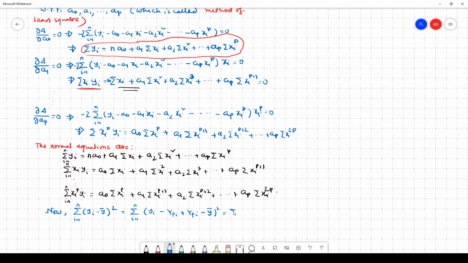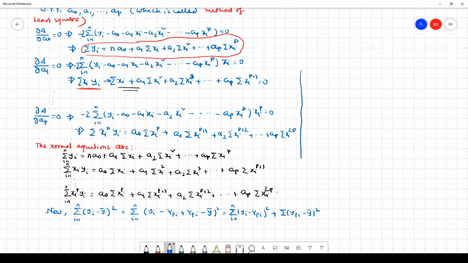So this equals summation yi minus Ypi whole square plus summation Ypi minus y bar whole square, and the cross product term should vanish. Why is that?